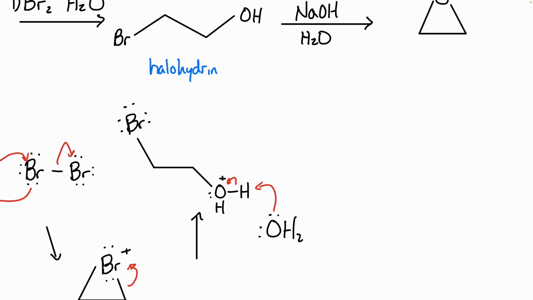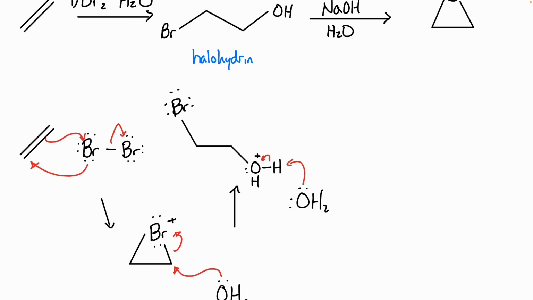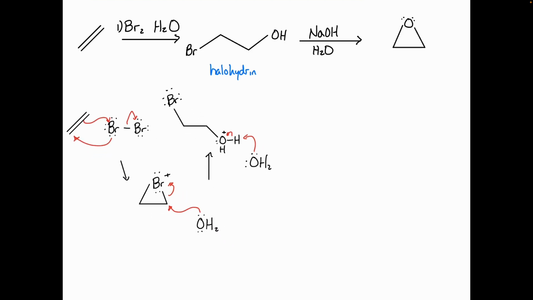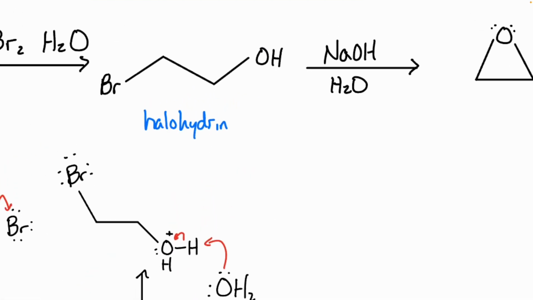So then the next step in this mechanism here is pretty cool. It's fairly simple in that we just have a base and we have an acid-base reaction. Okay, so I'm going to save some space here.